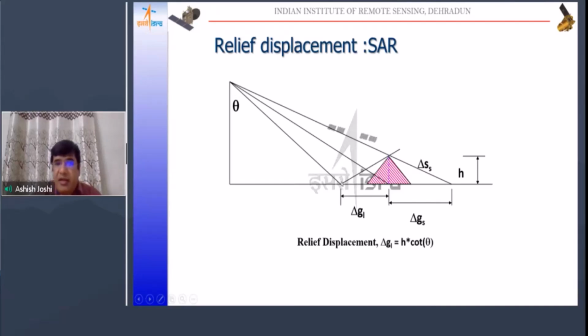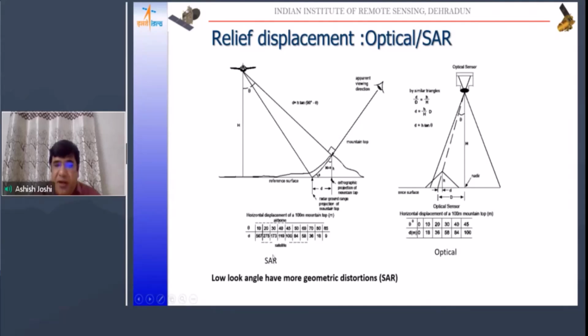If we compute the relief displacement for optical and SAR, from the SAR formula h cot theta, with different look angles from 10 degrees to 85 degrees, we can find that if the height of the terrain is 100 meters, it corresponds to around 500 meters for a look angle of 10 degrees. So for a lower look angle the relief displacement is very high.